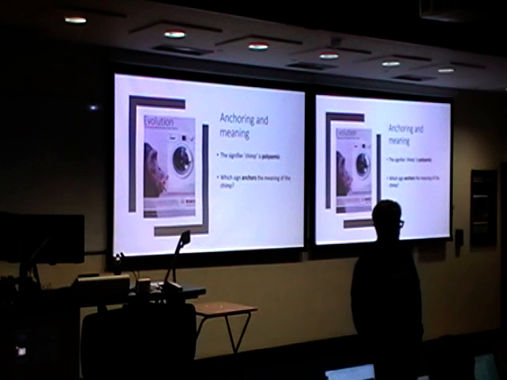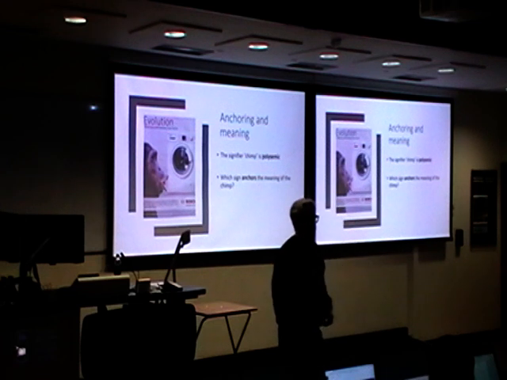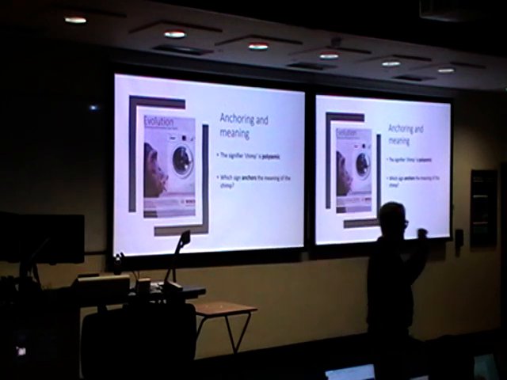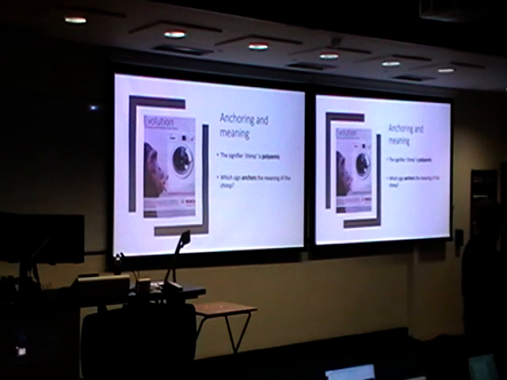I've actually given the answer. There's a different sign altogether. And it's at the top. Evolution. The word evolution. That word is deployed here to get us to think about that image in a particular context. So it removes the polysemic aspect of the sign itself, directing us towards this.